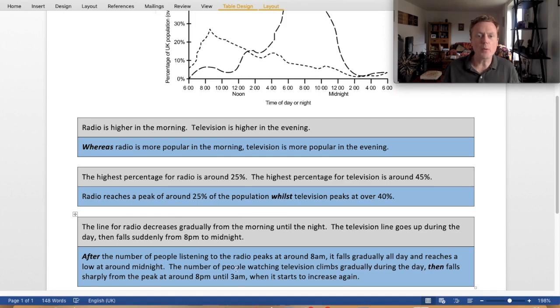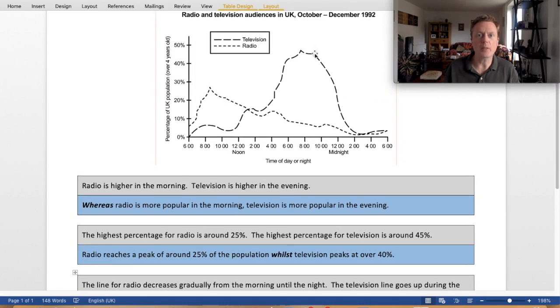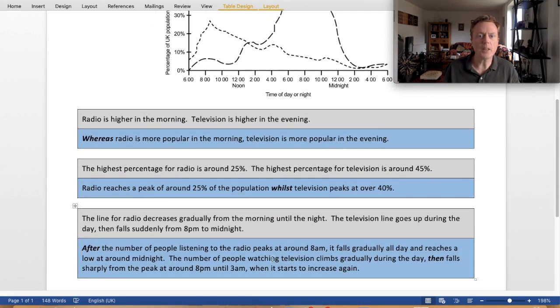Similar thing with this sentence, talking about TV. So we've got the number of people watching television climbs gradually during the day. Up here, that part. Our linking adverb for sequence, then falls sharply down here from the peak at around 8 p.m. until 3 a.m. That's this period, 8 a.m. to 8 p.m. to 3 a.m. And last part, when it starts to increase again.